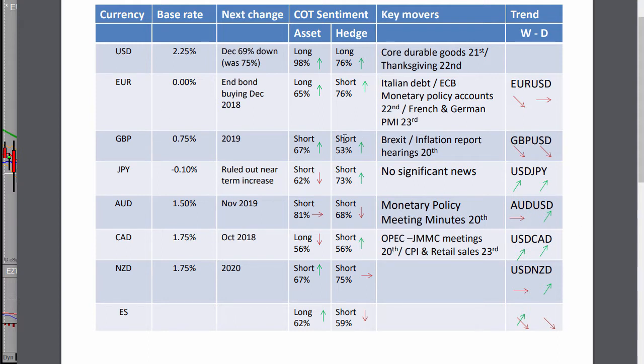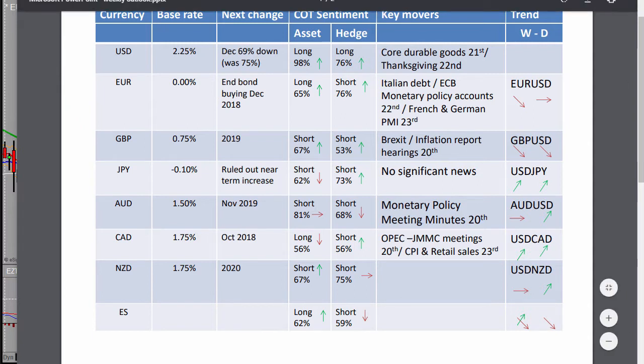So what I thought I'd do is run through my summary sheet here, which basically looks at the different aspects of the currencies. I'm taking a higher viewpoint when I'm looking at this weekly outlook. So looking at the currency itself, of course, I'm looking from the central bank's perspective, which is the first two columns here, and then looking at the sentiment from the larger traders.